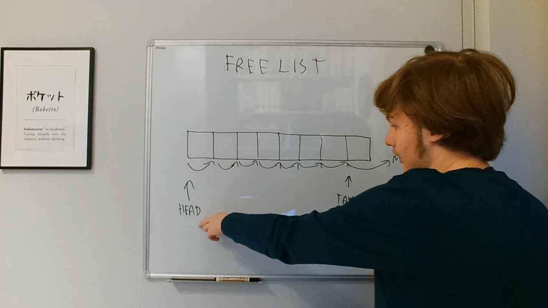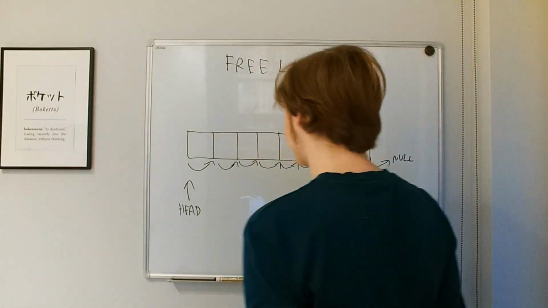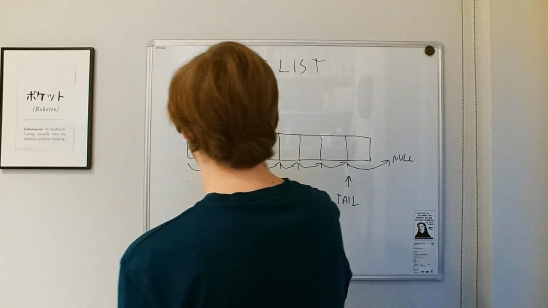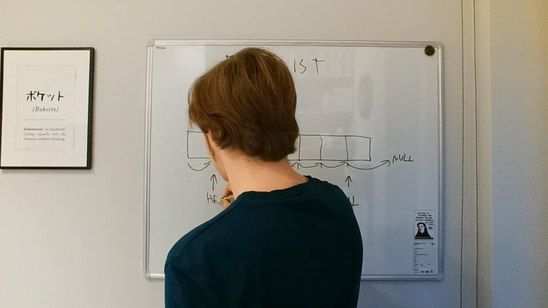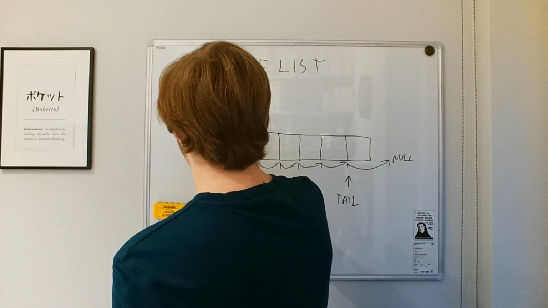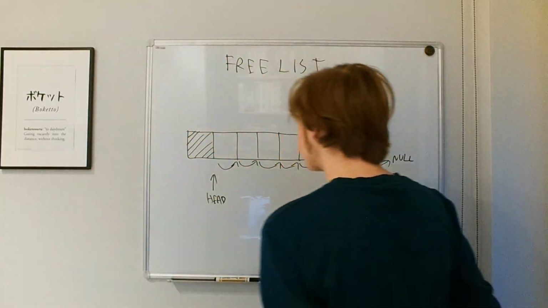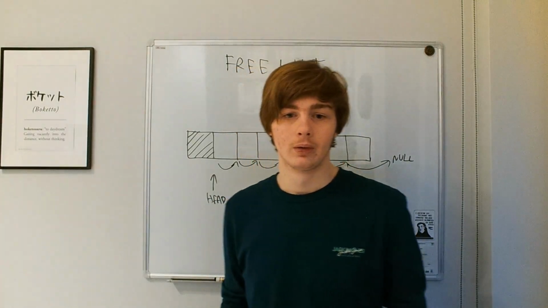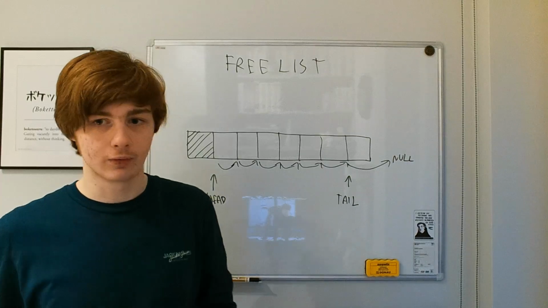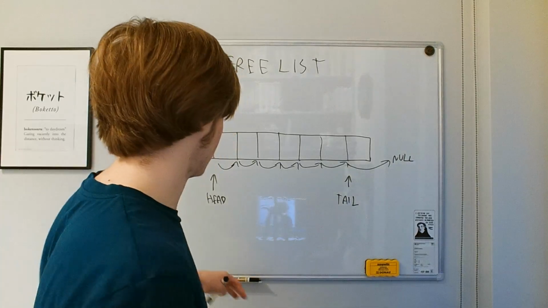And when you grab this address over at the head, that's the result you return as your malloc. And then you simply set the head to the next node of the linked list. And therefore, the allocated byte is no longer a part of your free list. And this means that you'll never set the head to it, and therefore the malloc will never try to again allocate this allocated region.